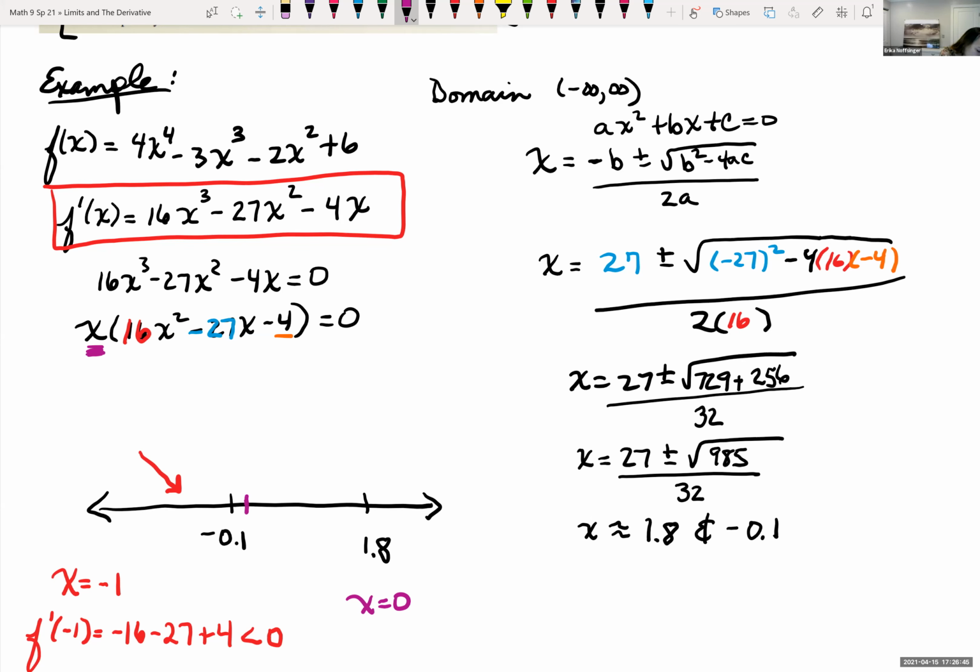Okay. So we've got to test something in between negative 0.1, it was really like negative 0.14, and 0. So how about negative 0.05?